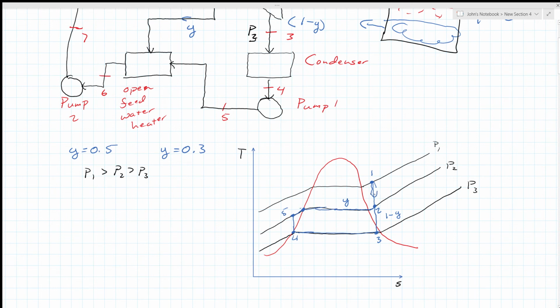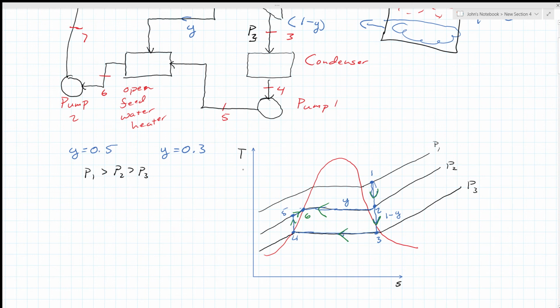I'll change that color to green. Here, here, here, and now I'm at 6. So I'm right here; I just left my open feed water heater.